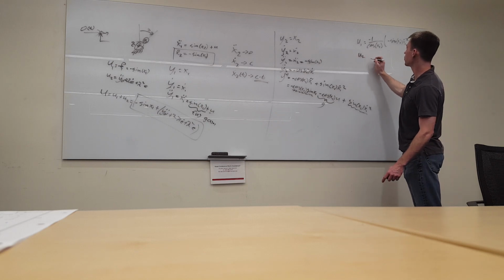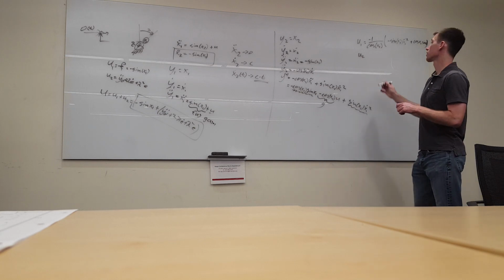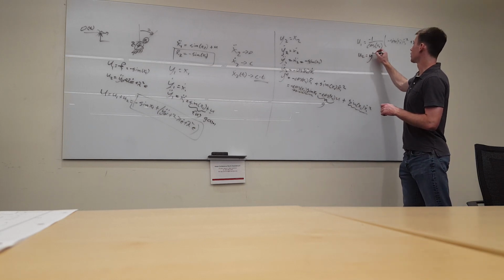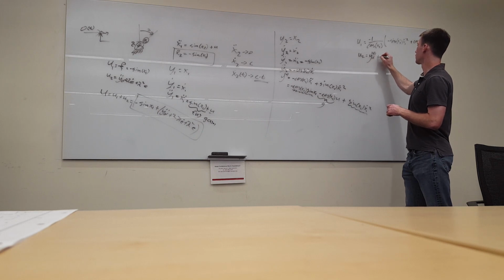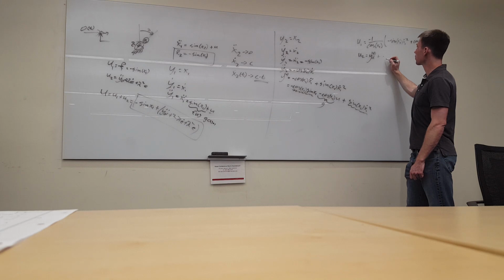And u2 will be our fourth order dynamics. 14641.